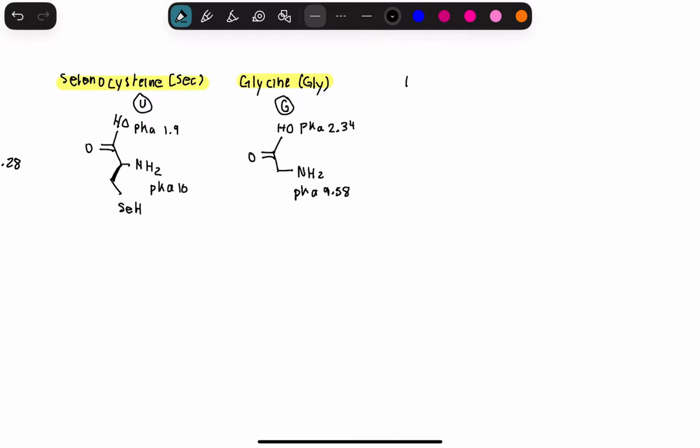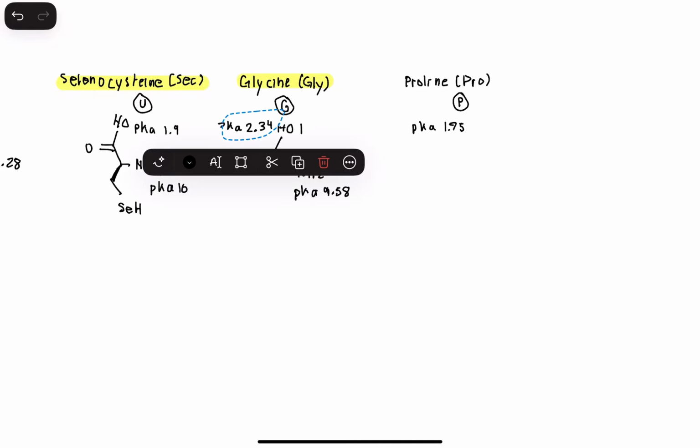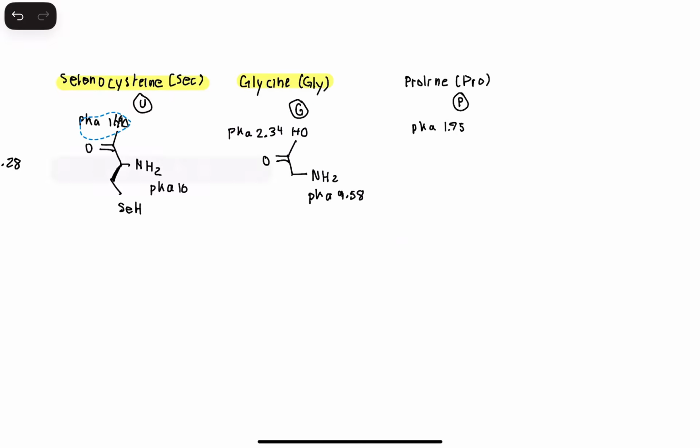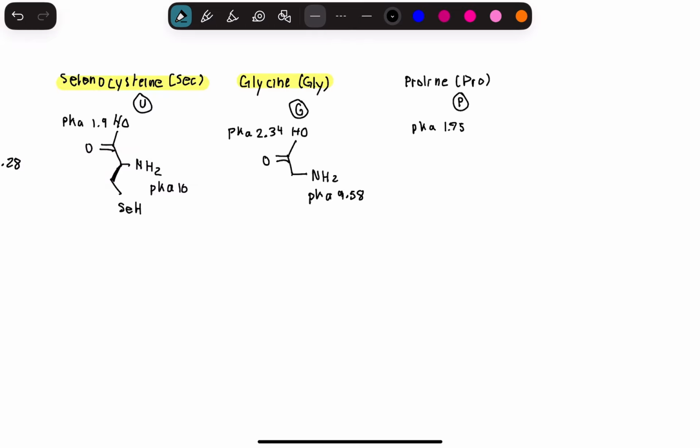Moving on, we have proline, abbreviated as Pro, and we have it as P, and then your pKa for the top is going to be 1.95. Again up here, we have a hydroxyl group.